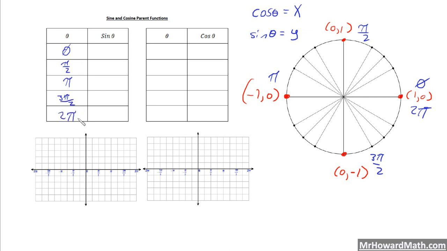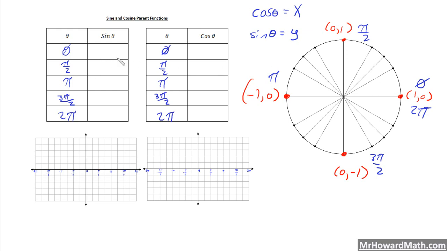So that'll give us one full, what is called the period of the graph, one full cycle of the graph. So we'll have the same thing here for cosine: 0, pi over 2, pi, 3 pi over 2, and 2 pi. So now we'll fill in the coordinates there.